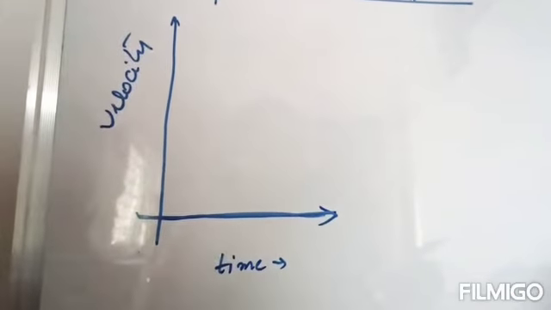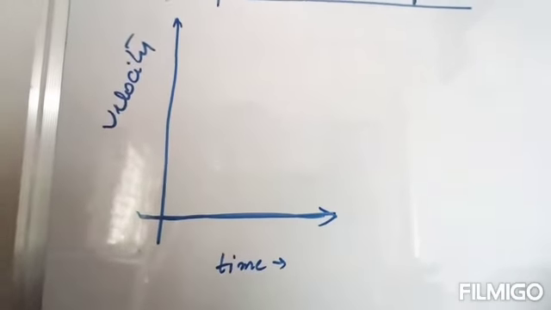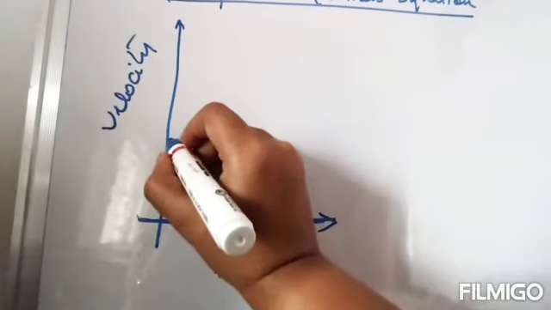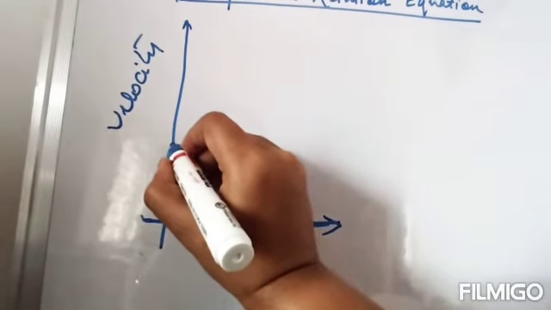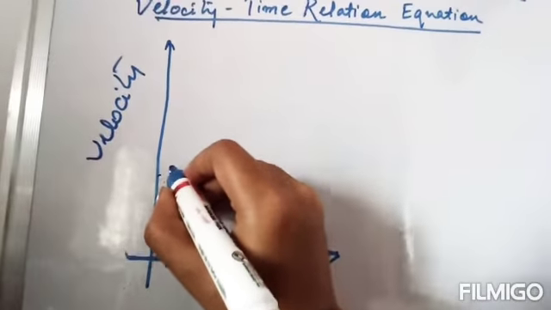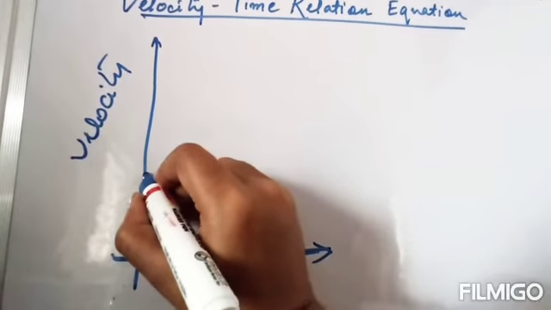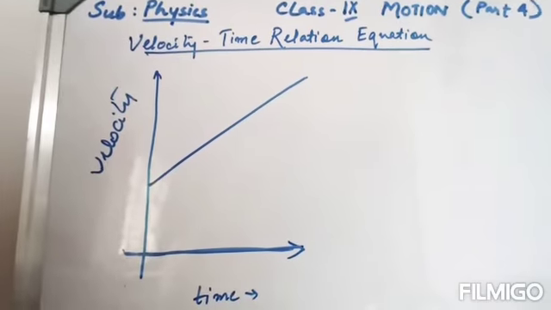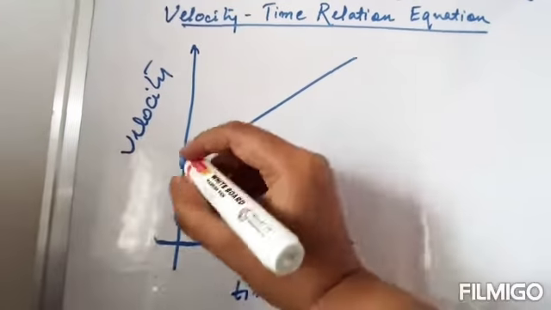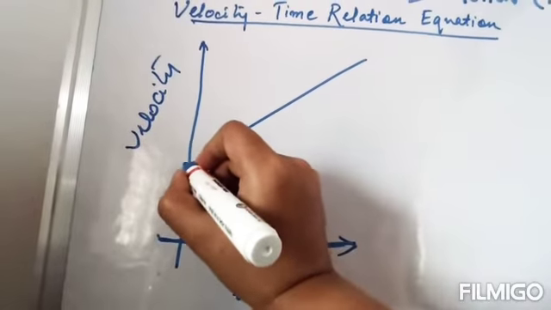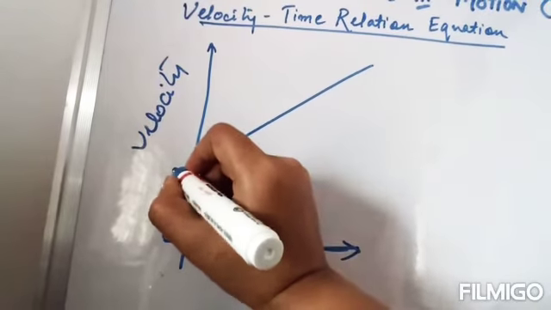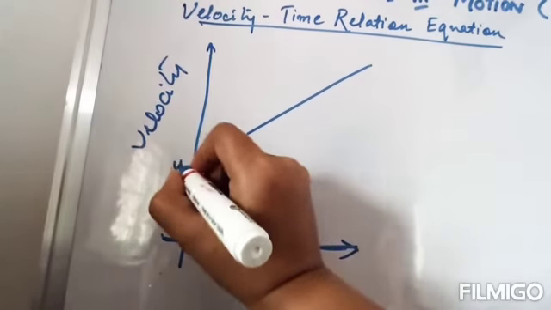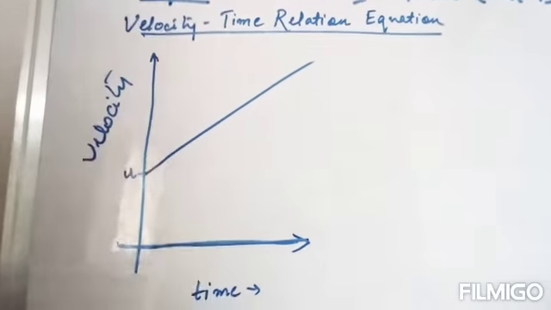We will consider that it has some amount of velocity, so we will be starting from a bit higher position, not from 0. Let us consider the body was already in motion.